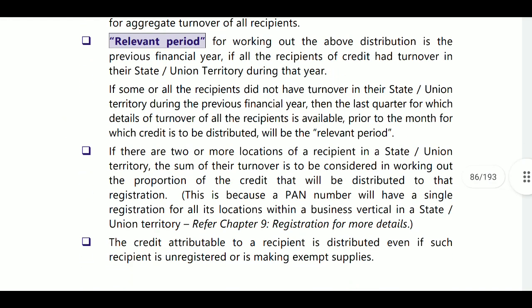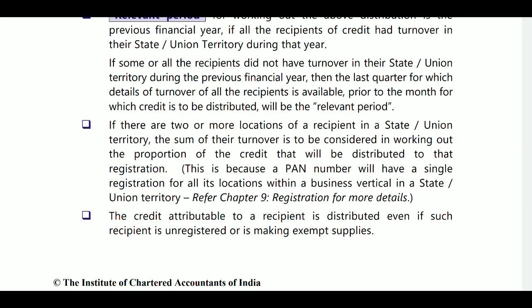Next, if there are two or more locations of a recipient in a state or union territory, the sum of their turnover is to be considered for working out the proportion of the credit that will be distributed to that registration. This is because a PAN number will have a single registration for all its locations within a business vertical in a state or union territory.